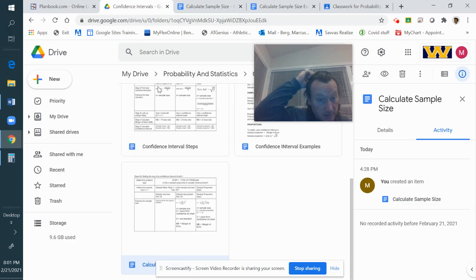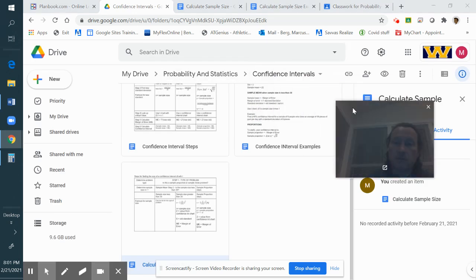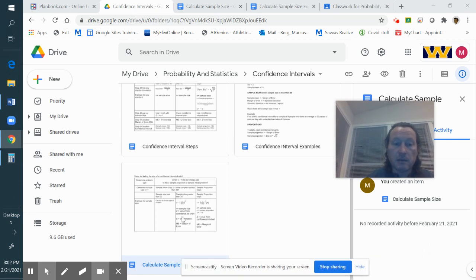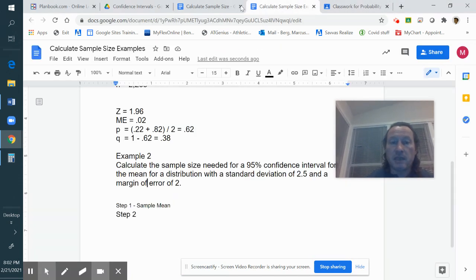If you're in our shared drive, probability statistics, confidence intervals, and we're looking at calculation, sample size. Notes right here. It's just a table, and basically it just gives you the pieces that you need.